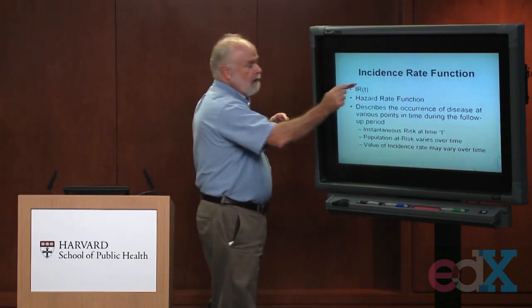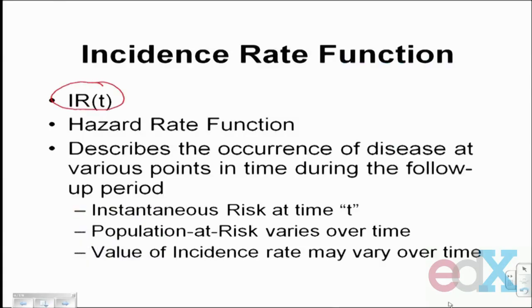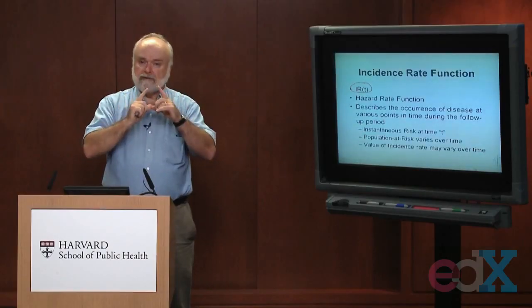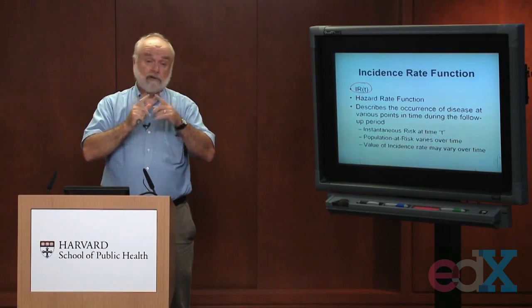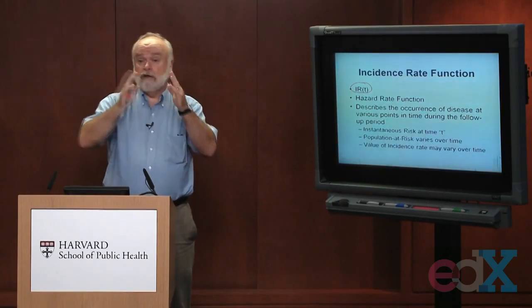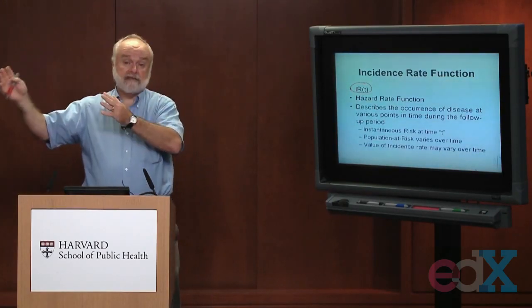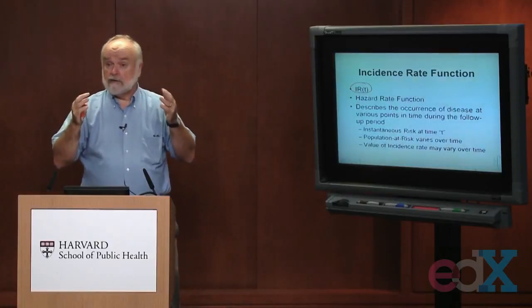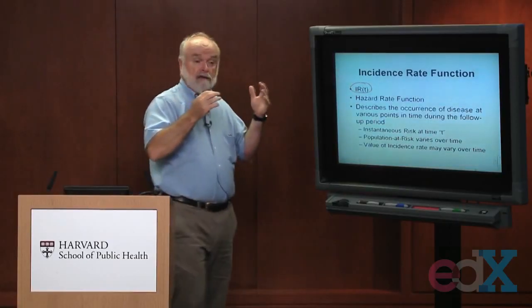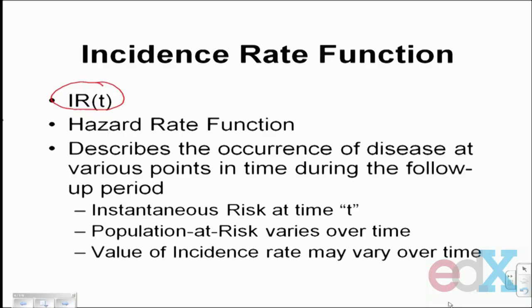So we'll let IR(t) stand for the incidence rate function, the value for the incidence rate at a specific point in time t, where t could be the first day, or the 5th day, or the last day, the 7th day of follow-up. And maybe the values for those incidence rates might differ at different points in time. Now, the statisticians will call this incidence rate by a different term. They call it a hazard rate. And therefore, the incidence rate function is a hazard rate function.